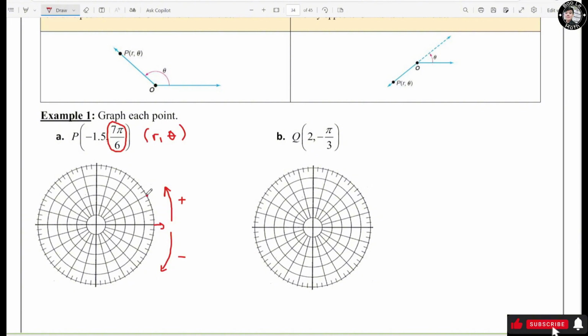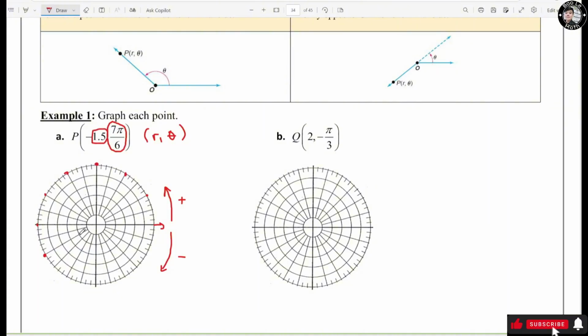So this one is 1 pi over 6, 2 pi over 6, 3 pi over 6, 4 pi over 6, 5 pi over 6, 6 pi over 6, and 7 pi over 6 right here. The radius is negative 1.5. Now you only use 1.5 here.